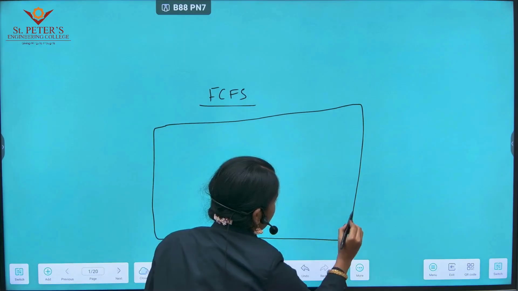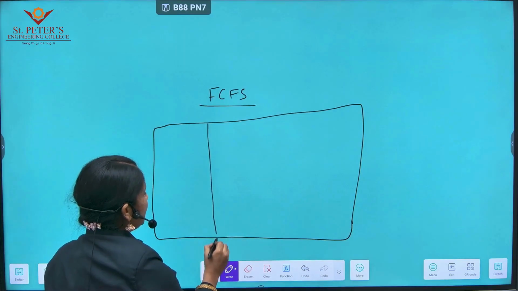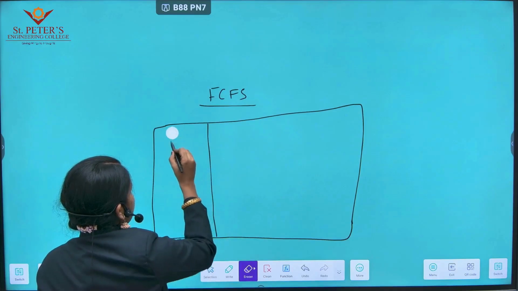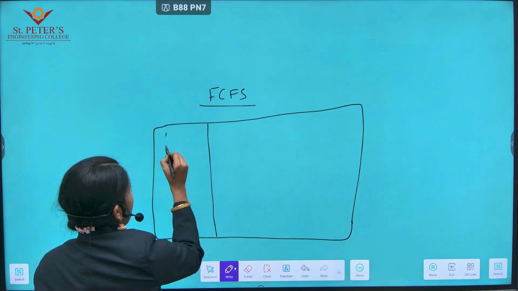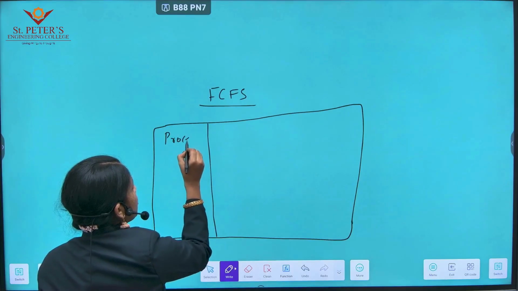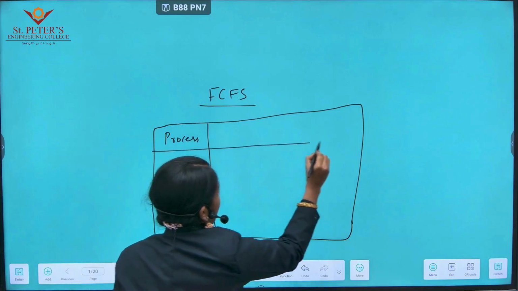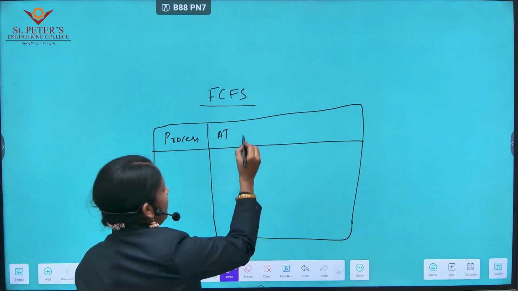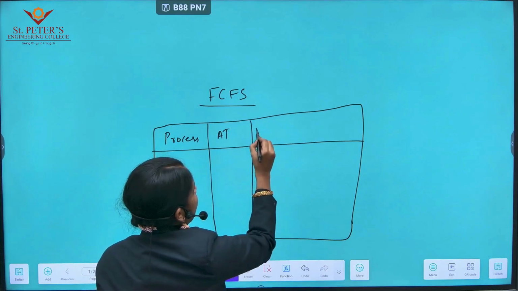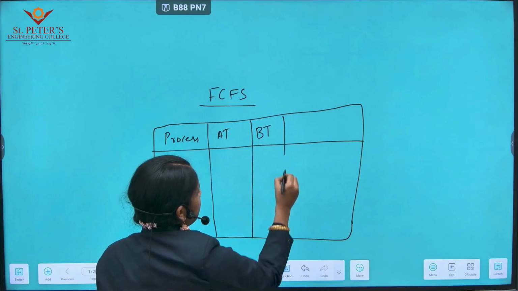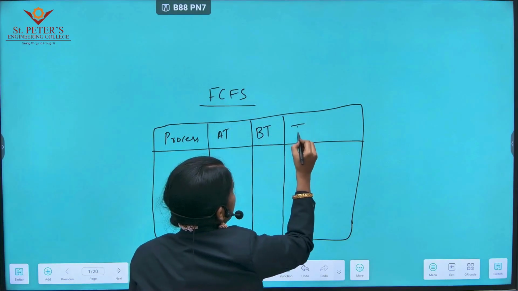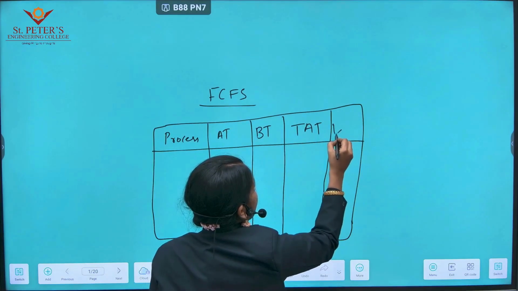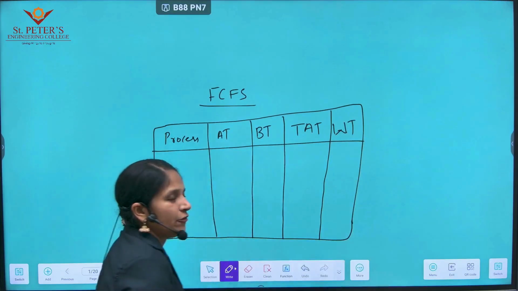In the numerical example we take some processes, and AT means arrival time, BT means burst time, TAT means turnaround time, and WT means waiting time.